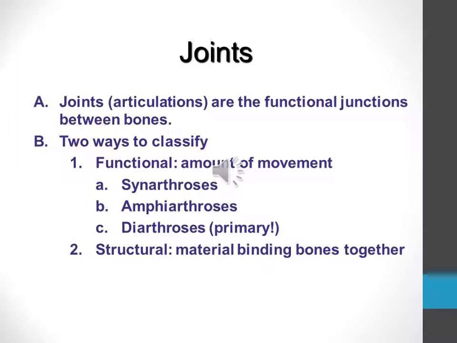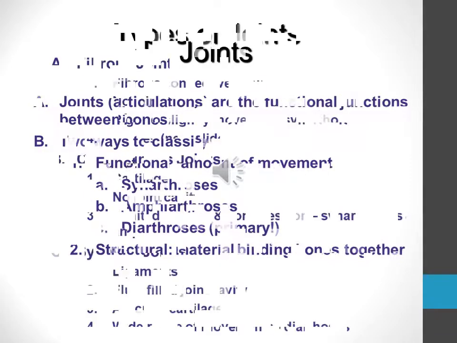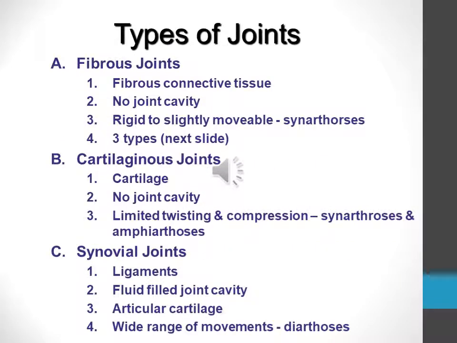Our second way to classify is by the material that binds the bones together and whether or not there's a joint cavity. So we're going to start with a brief look at the three categories of articulations, and then we'll go into a little bit more information about each of these three categories.